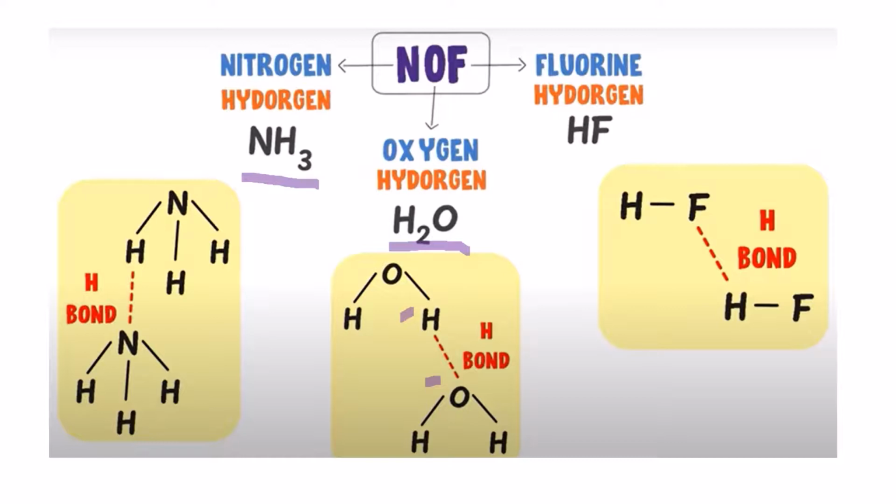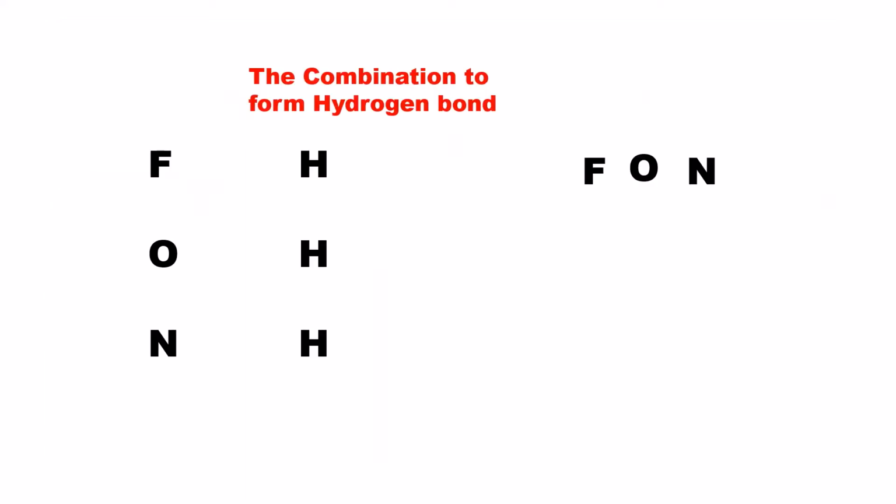Likewise, hydrogen bond can be found also on hydrofluoric acid or hydrogen fluoride, and it is found on highly negative fluorine and slightly positive hydrogen. The combination to form hydrogen bond is in this manner.